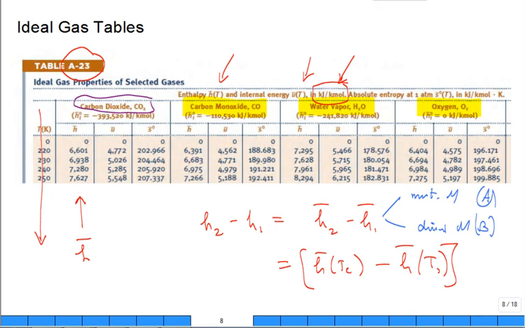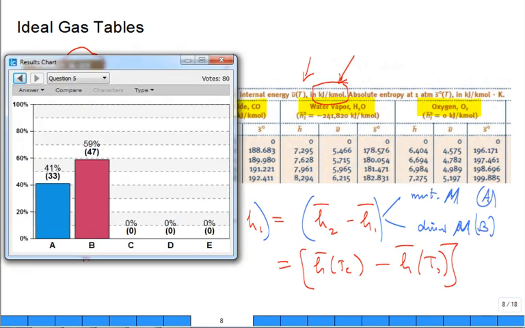I have delta H bar, and I want to get delta H. The change in H is equal to the change in H bar times or divided by big M. All right, we're done. We're not unanimous, are we?